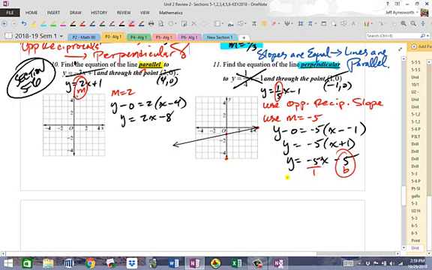I'm going to go 5 divided by -1. So up 5 left 1, up 5 left 1. And so I reverse the slope, and notice that it's up here. And guess what? These lines are perpendicular. They form a 90-degree angle between them. Okay? So you could see how the graph verifies my work right here. This result makes sense because they are perpendicular, which means they form a 90-degree angle between the two lines.